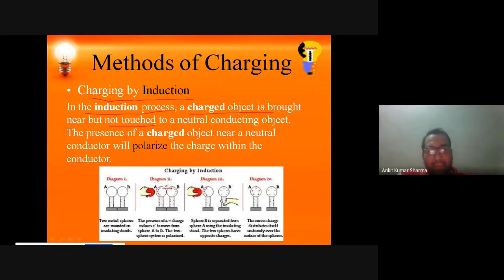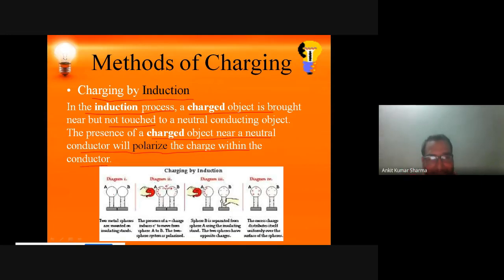But in the induction process, the charged body is brought near to the uncharged or neutral conducting object, but not touched. The presence of a charged object near a neutral conductor will polarize the charge within the conductor.